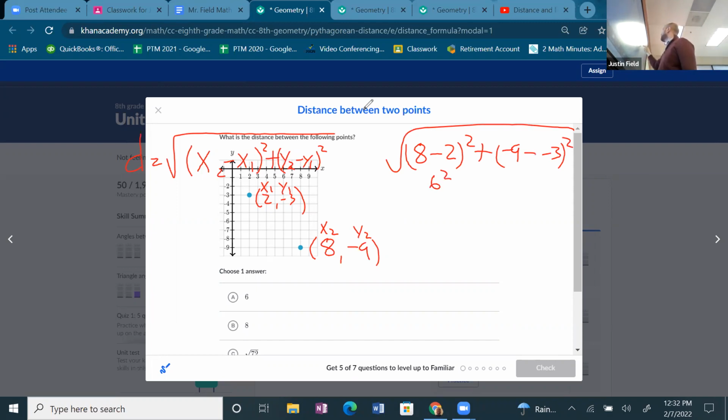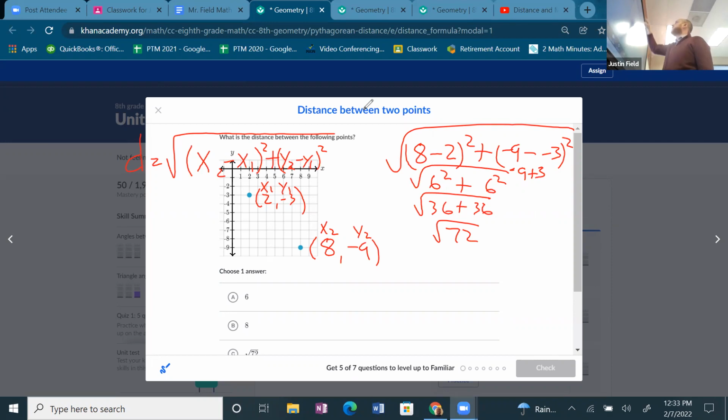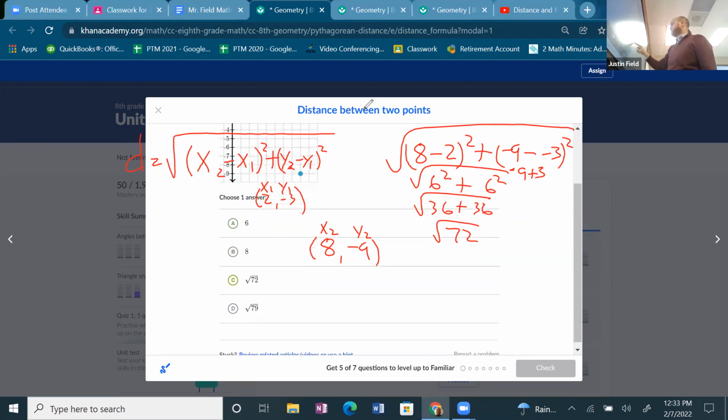So that's 6 squared, and then this is a toughie here. -9 plus 3 is -6. So that's another 6 squared. So then it's 36 plus 36, 72. And then all under the square root. So the distance is the square root of 72.